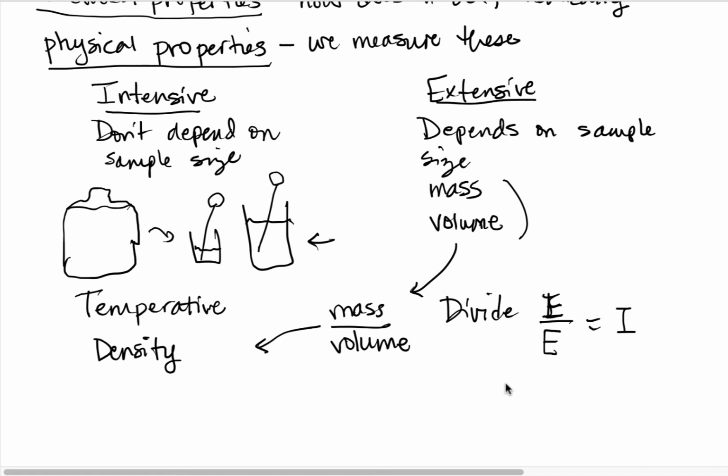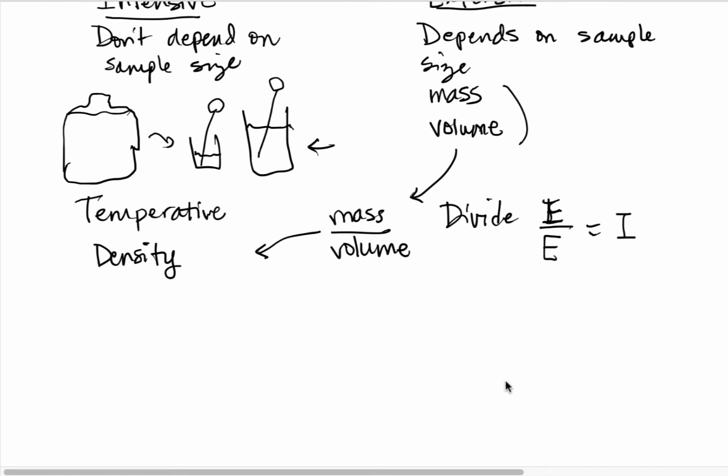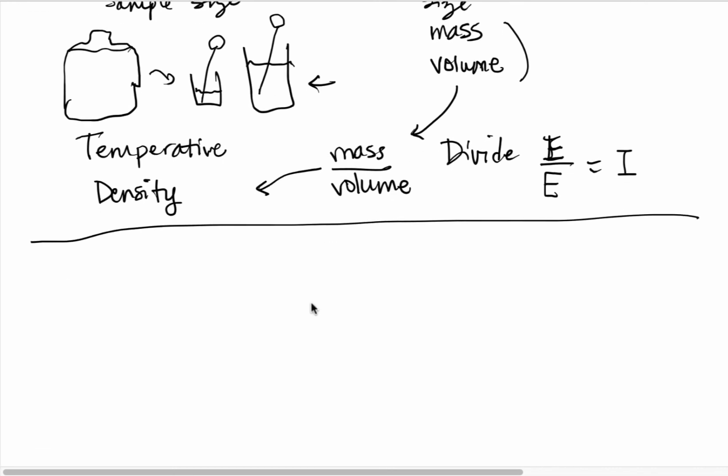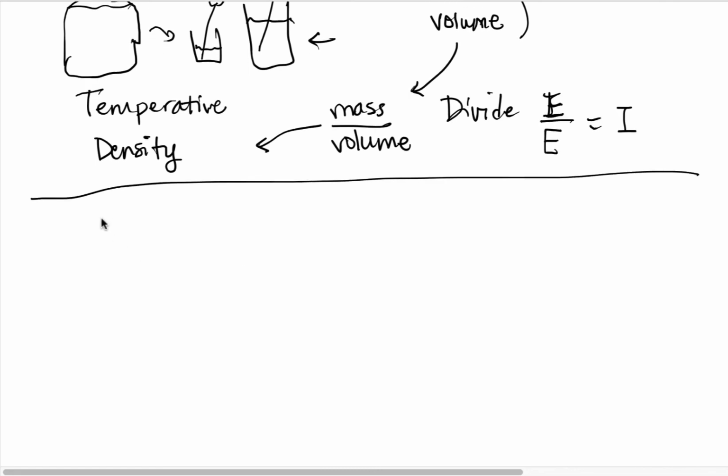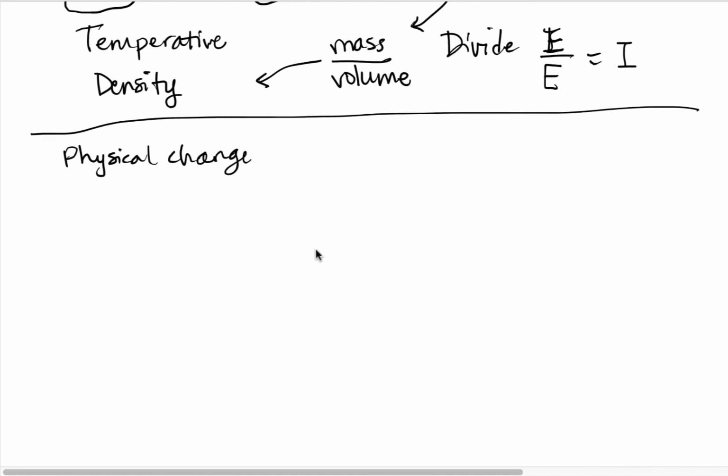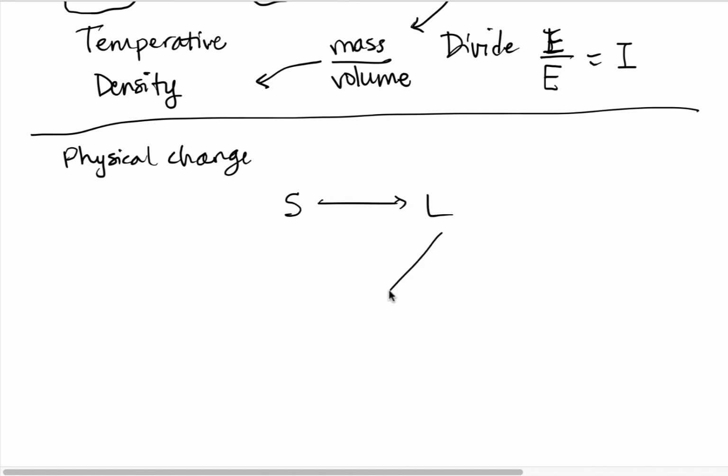Okay? So this is a good place for us to talk a little tiny bit about physical change. If we're looking at physical change, we're talking largely about the transition between a solid going to a liquid, a liquid going to a gas, and a gas going to a solid, or vice versa.